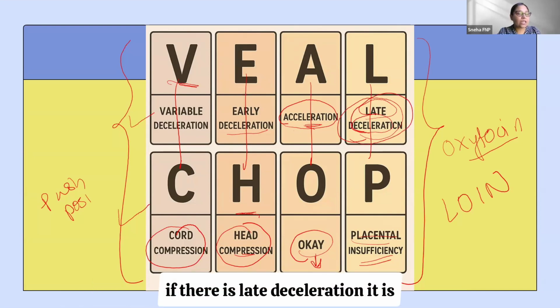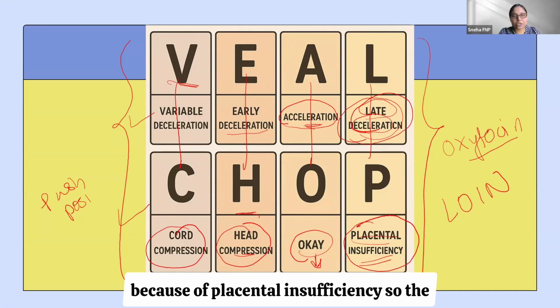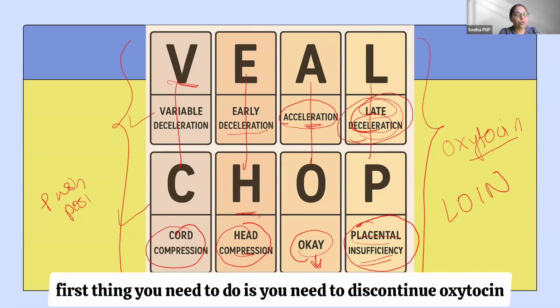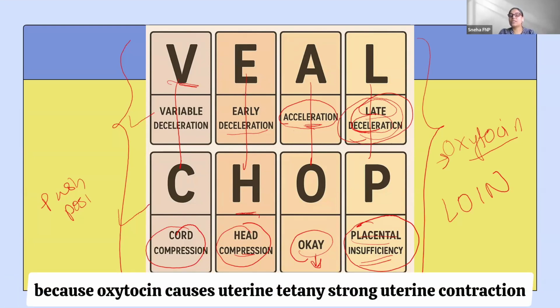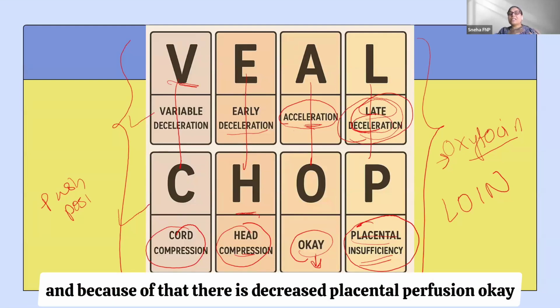So if there is late deceleration, it is because of placental insufficiency. So the first thing you need to do is discontinue oxytocin, because oxytocin causes uterine tetany, strong uterine contraction, and because of that there is decreased placental perfusion.